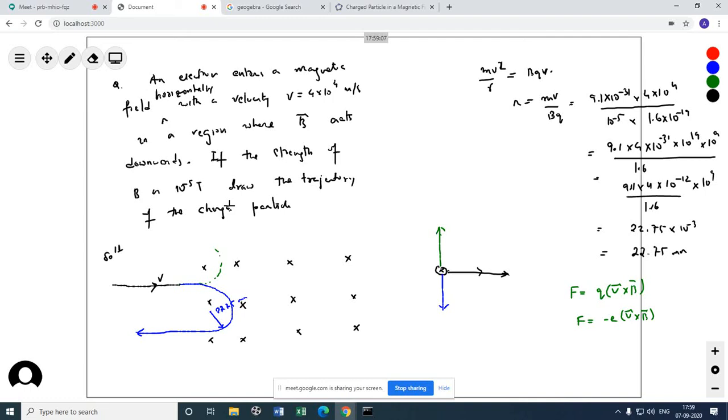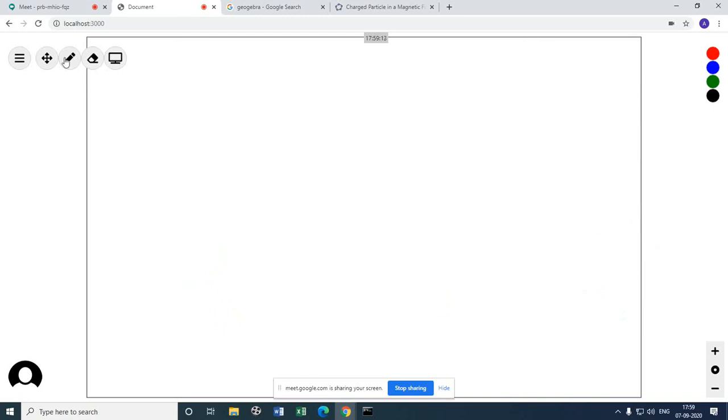Now let's continue to the cyclotron. May I clean it? Yes, sir. So, cyclotron. What is a cyclotron? A cyclotron is a device. It is a particle accelerator, simply put.